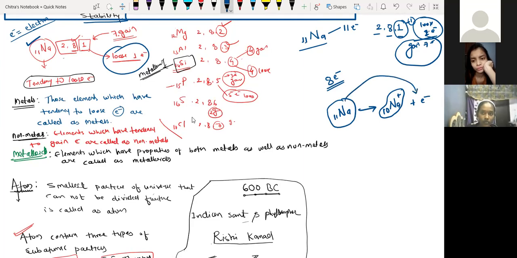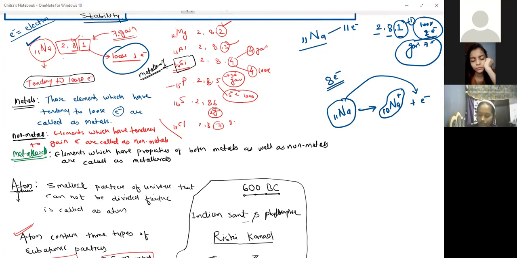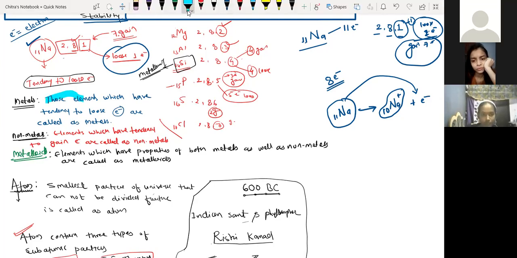Yes. So all the elements having a tendency to lose electrons are called metals. Here we have the definition: those elements which have a tendency to lose electrons are called metals.